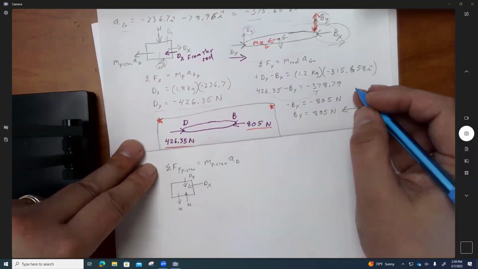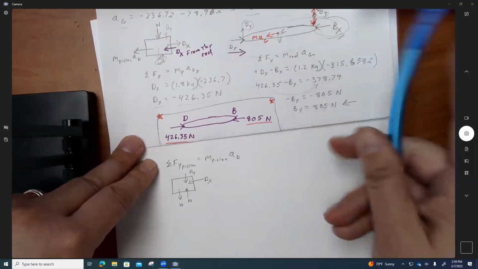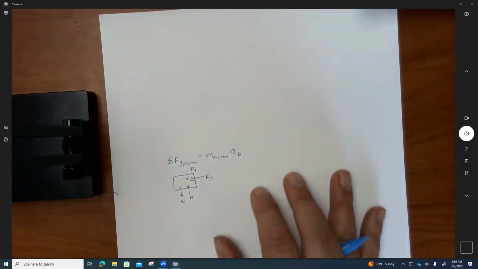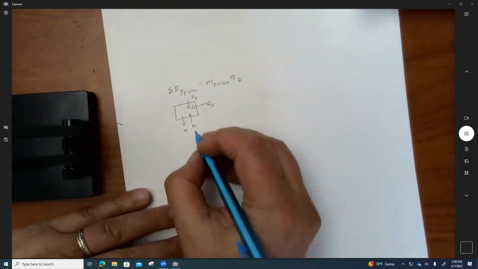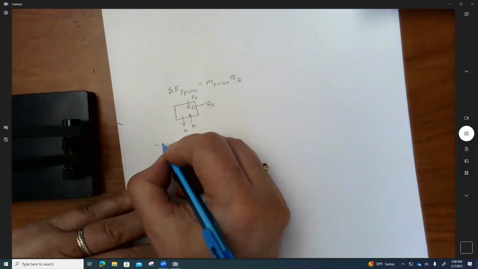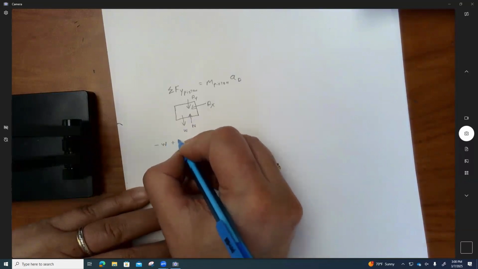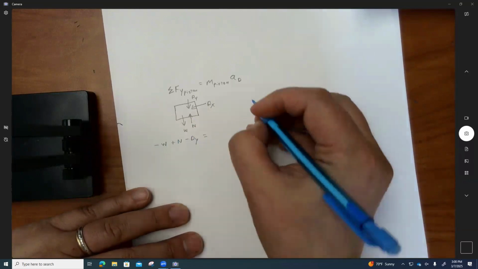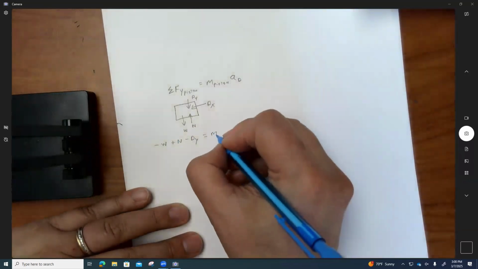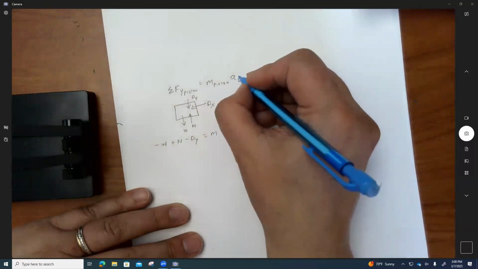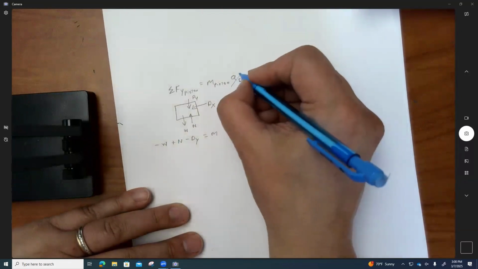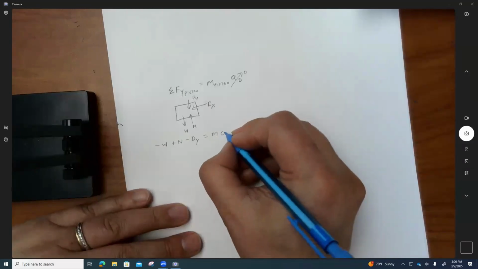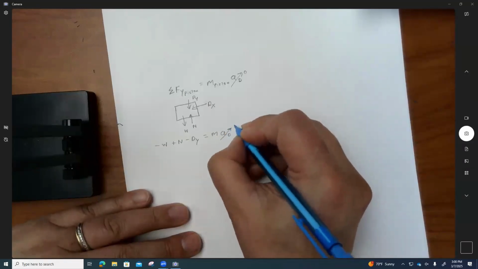So let's look at summing up our forces in the y direction. If we have a minus W, a plus N, a minus Dy, and that's equal to the mass times, there is no y component for the acceleration, so that goes to 0.